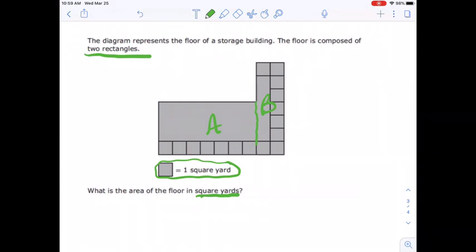Now let's look at A. How many rows do we have? Well, remember, this part of our drawing is the same size as if this row was right here. So we could still look at it and say there are 1, 2, 3, 4 rows.